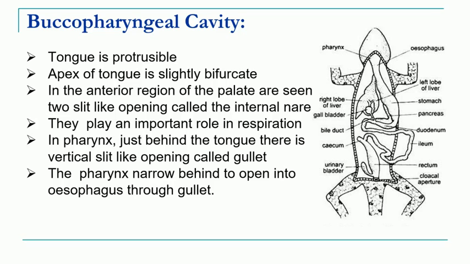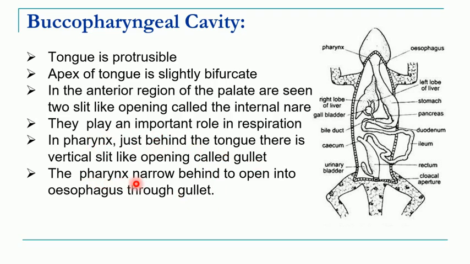Now after this buccopharyngeal cavity, you start with the pharynx. But before the pharynx, you have a small opening or vertical slit which is called the gullet. So alongside this gullet, the pharynx opens into the next part of the alimentary canal.